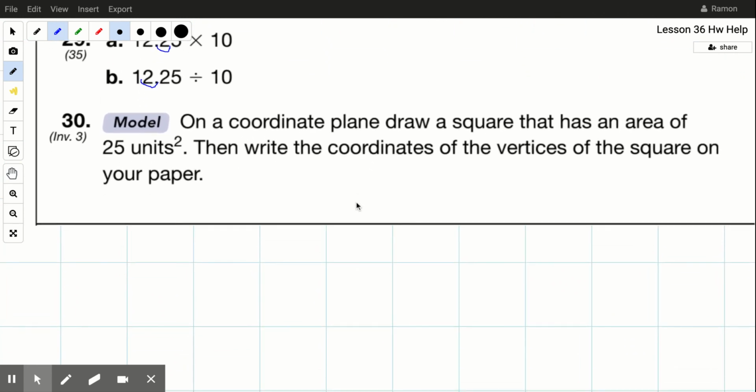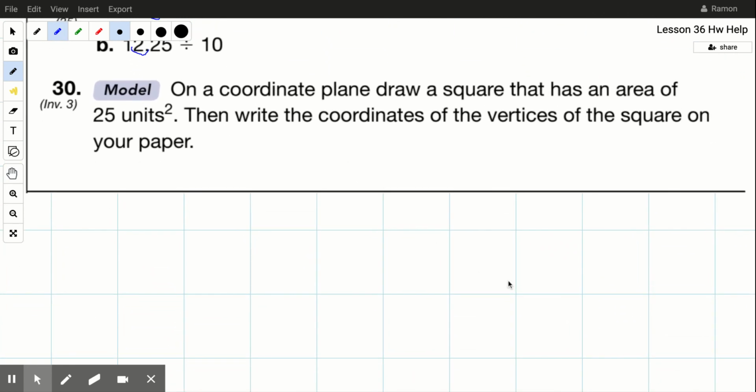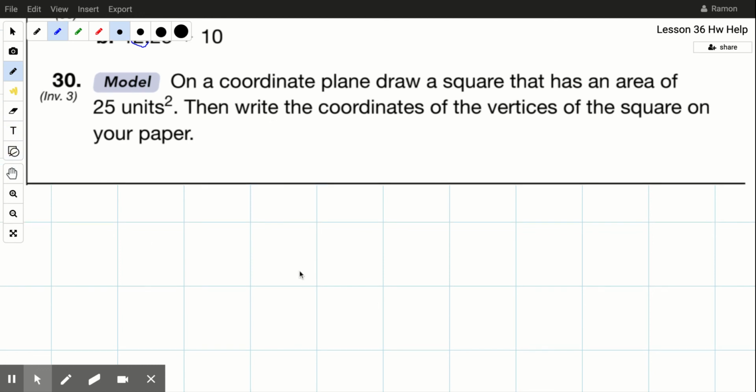For number 30, on the coordinate plane, draw a square that has an area of 25 units squared. Then write the coordinates of the vertices of the square on your paper. So I'll use the coordinate plane that I posted for this problem. And then, once you graph it, the point is that it has to be a square. So inside of it, you should have 25 total squares.